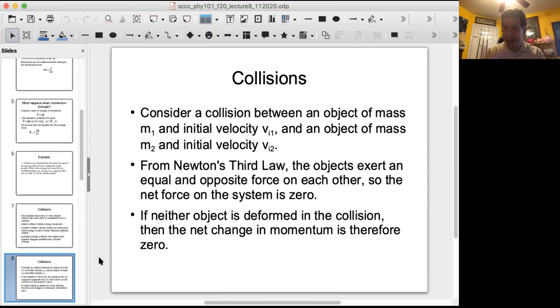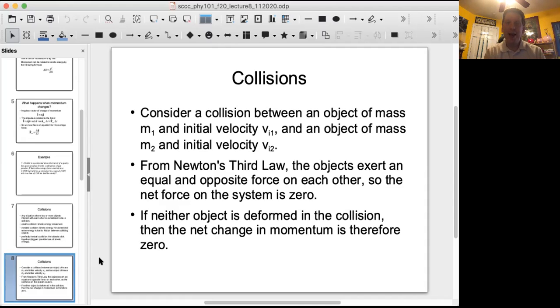So the net force on the system, treating the two objects as the system, is zero. You add those force vectors together, you get zero. Again, this is assuming you've eliminated friction and you're on a level surface, so gravity doesn't come into play. It's kind of idealized, but the basic idea applies.